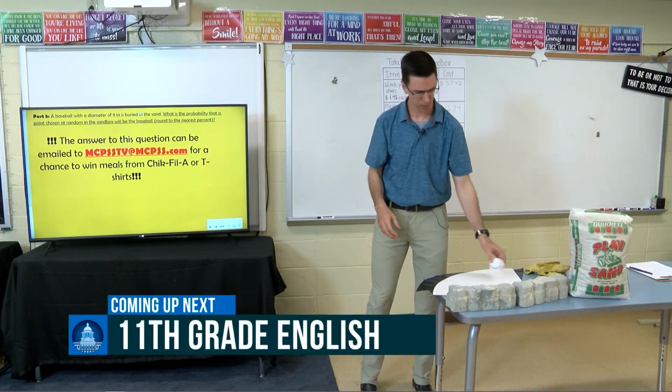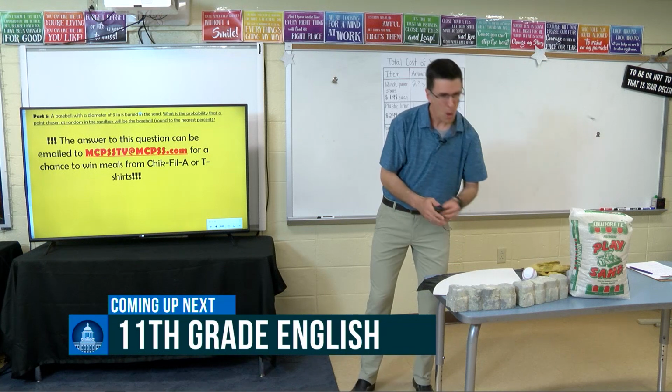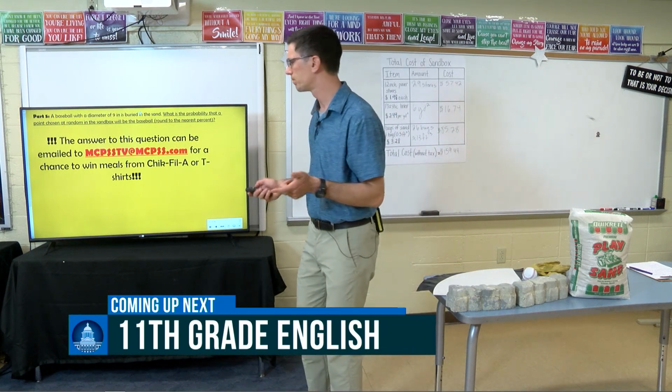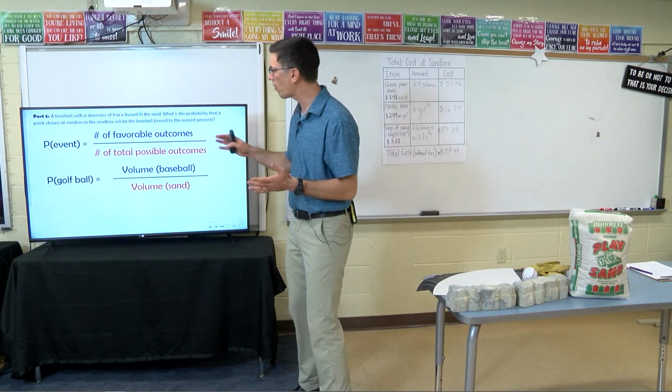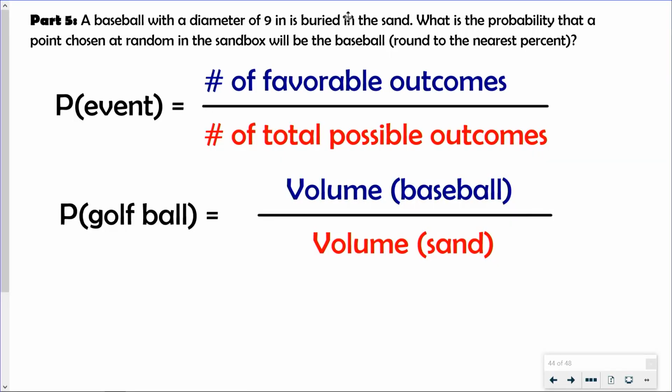So, if you remember from last week, when we're dealing with probability, the probability of an event occurring is the number of favorable outcomes over the number of total possible outcomes. Now, total possible here would be the point being chosen from the sandbox. So the volume of the sand that's in the sandbox, that's the total possible region from which the point can be drawn.